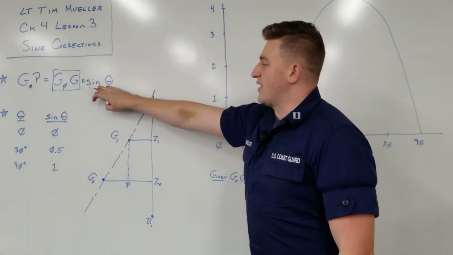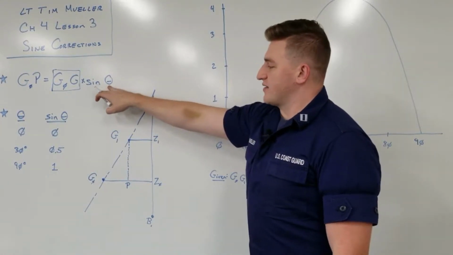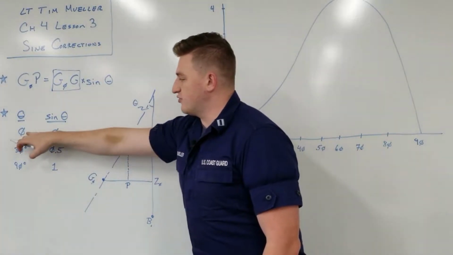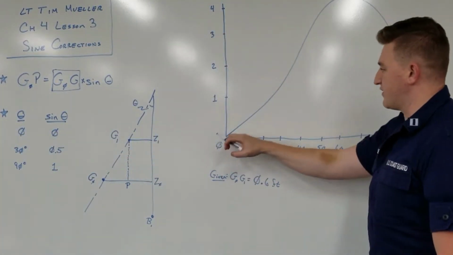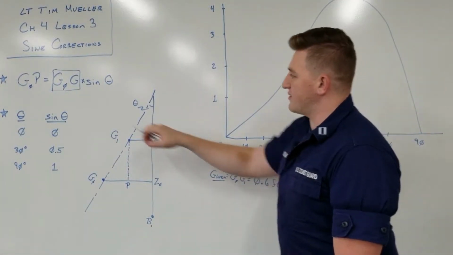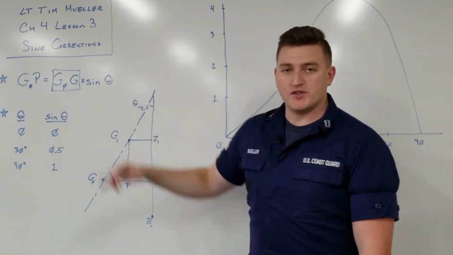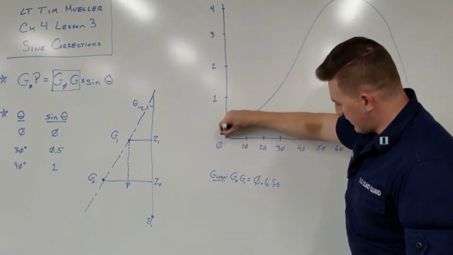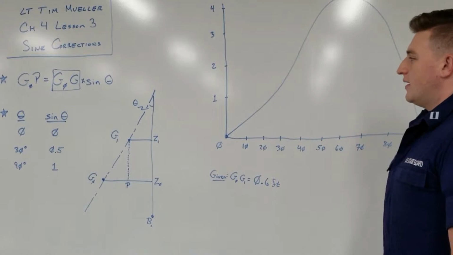And then we also have sine theta, and sine theta is going to change for different degrees. So at 0 degrees, which is right here on the statical curve of stability, I'm taking 0.6 times 0, which is going to be 0. So I can mark this, make a little point right there.